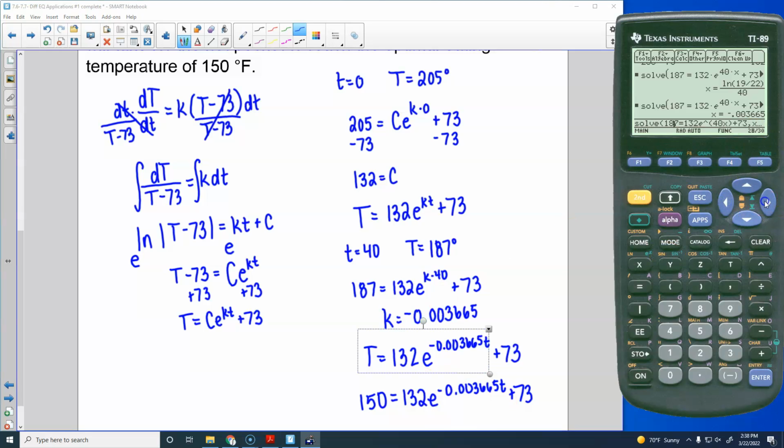So that's going to be 150 and to the, oh, I don't know if it'll let me do that. If you go up there and hit enter, it's going to put that x equals, so make sure you take that out if you do that.